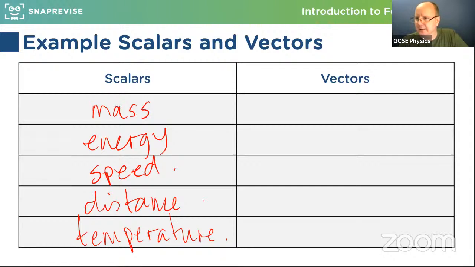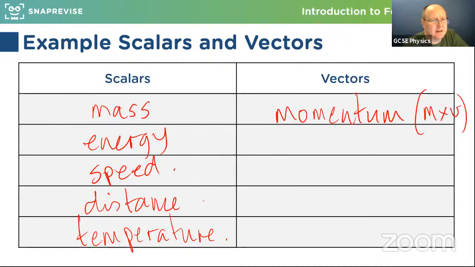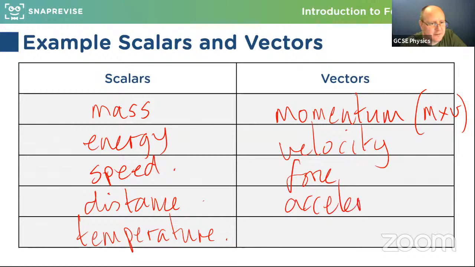And then here we have momentum. Momentum is a good vector quantity. Momentum, which is mass times velocity. And then we've also got velocity there as a vector quantity. Yeah, force, acceleration. Gravitation is a type of force, so gravitational force would be a vector. Displacement, brilliant, thank you. Yeah, displacement.